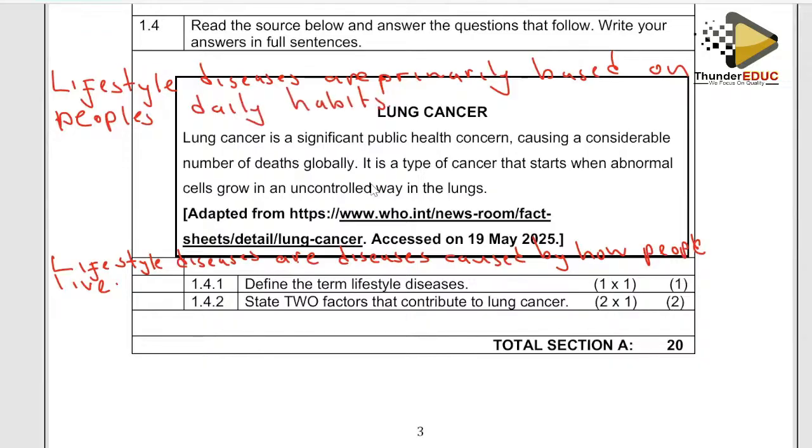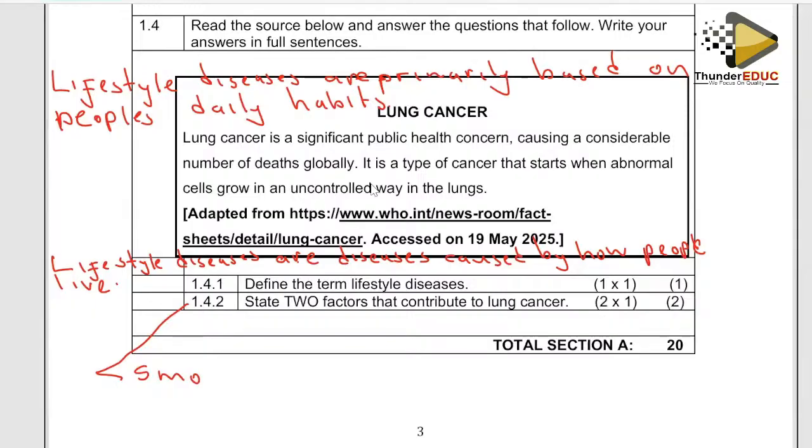So what you do on a daily basis actually affects you, and you end up having lifestyle diseases. Then the second question, 1.4.2, says state two factors that contribute to lung cancer.